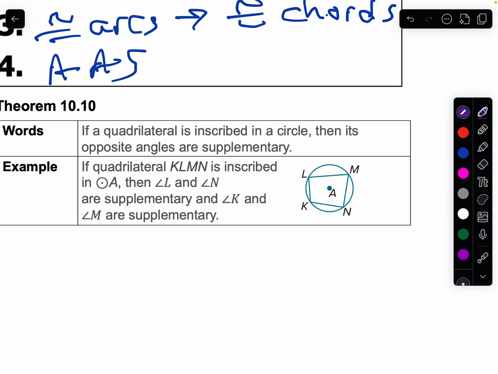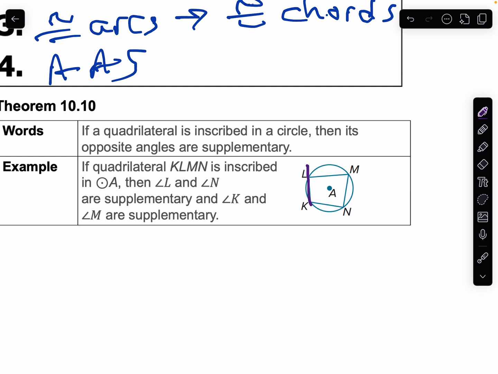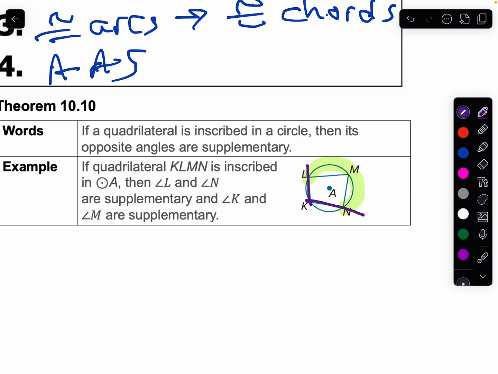Now, if I have a quadrilateral, any kind of quadrilateral, inscribed in a circle, let's use angle K. Notice angle K subtends arc LMN. I've got this major arc here. If I look at angle M, it subtends the minor arc LN.